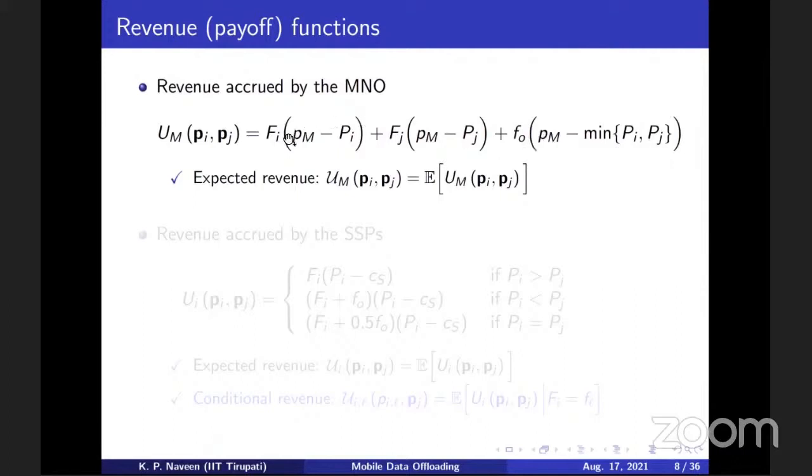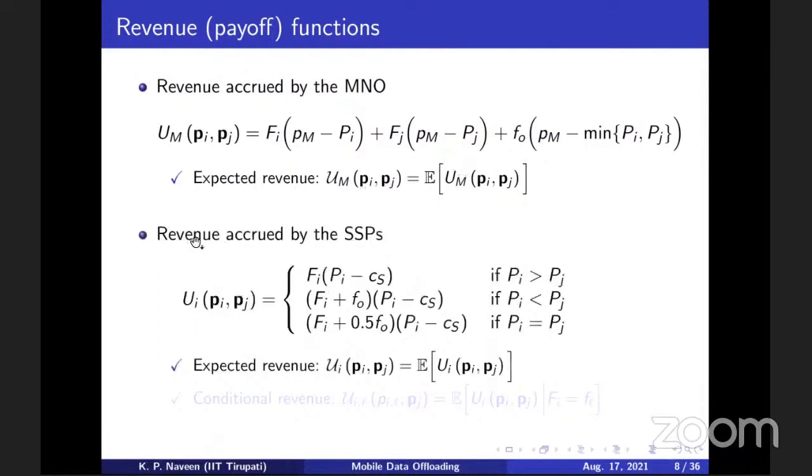It's a very simple linear revenue model, and already we'll see that it fetches some interesting results. Now, what is the expected revenue? We'll just take expectation with respect to the distribution of F1 and F2, so that randomness is in the amount of flow level seen at the SSP end.